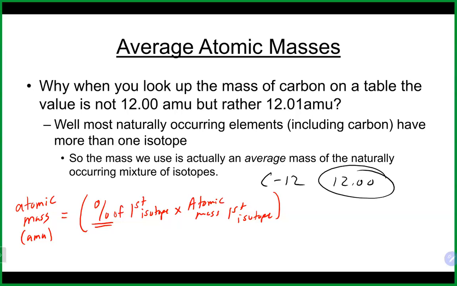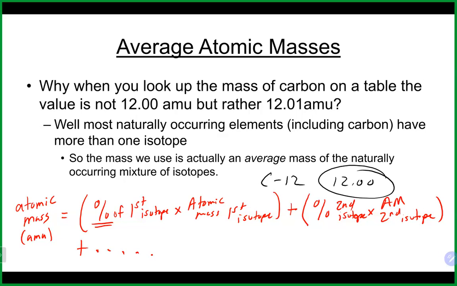That is the percent abundance. You then add the percentage of the second isotope times the atomic mass of the second isotope. And if you had three naturally occurring isotopes, you would just keep following that pattern of taking the percentage times the atomic mass of each individual isotope.